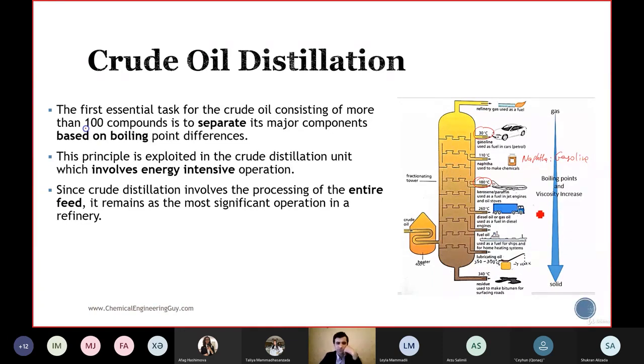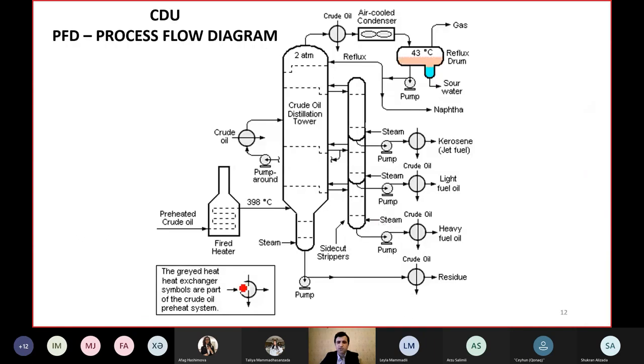and residue. And the most important part in crude oil distillation, also in the refinery, is heat recovery. As you can see, it says preheated crude oil is sent to the fired heater. Then we have a temperature of around 400 degrees Celsius.